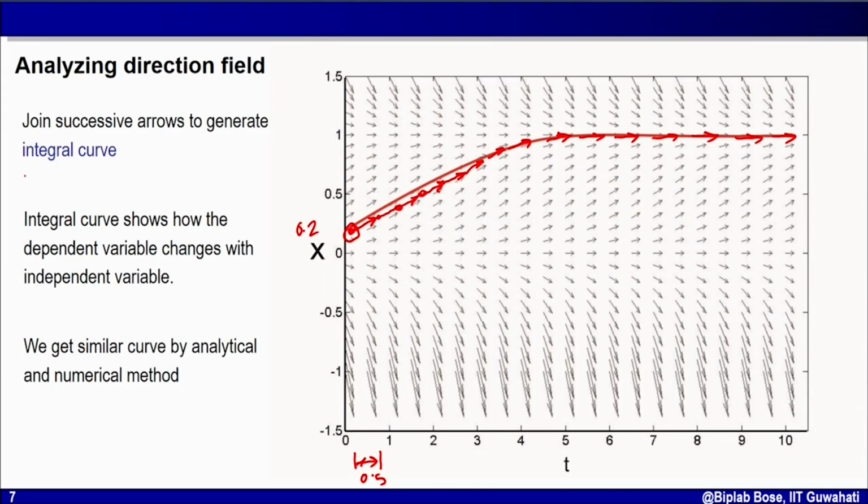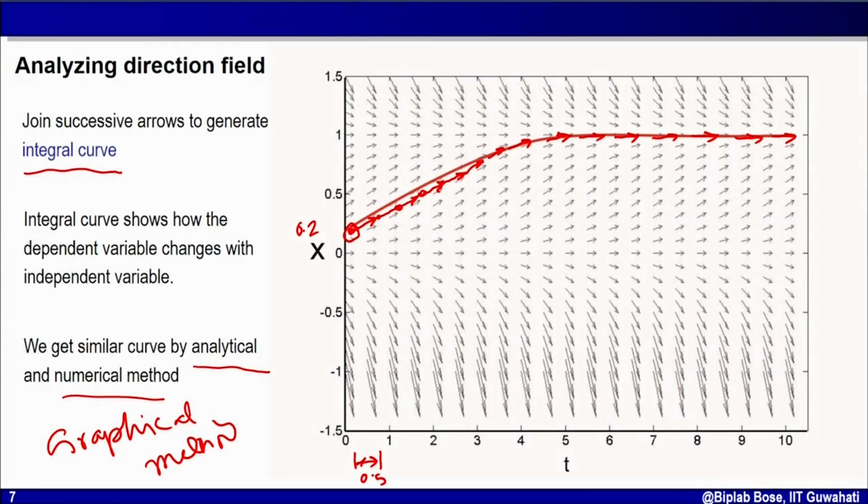This line is called an integral curve. In fact, we have got this integral curve by integrating with a numerical method. The method I have used here is based on the direction field, and is sometimes called a graphical method. Graphical methods are very useful when you cannot integrate a particular ODE.